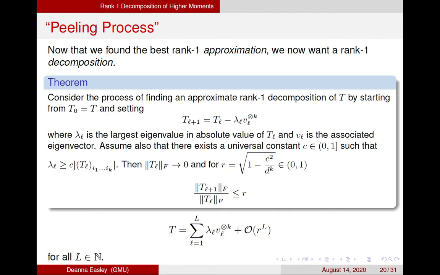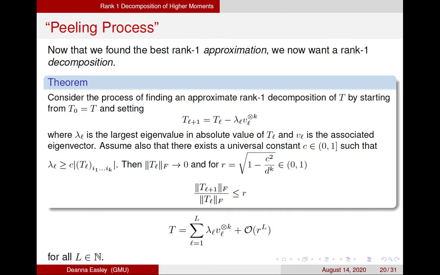Other people have proposed that recursively subtracting the rank 1 approximation results in a tensor decomposition, and we have actually proved for the first time that this is indeed the case.